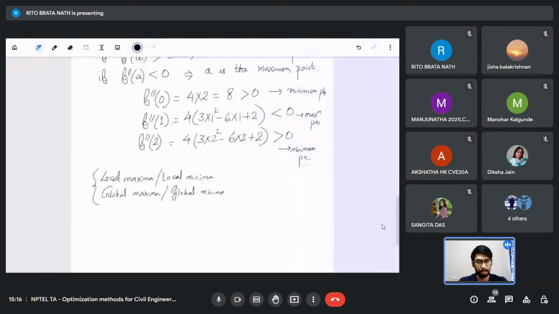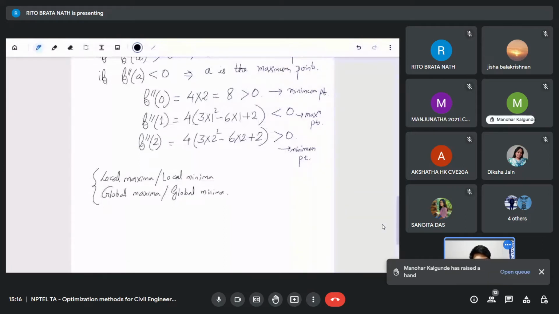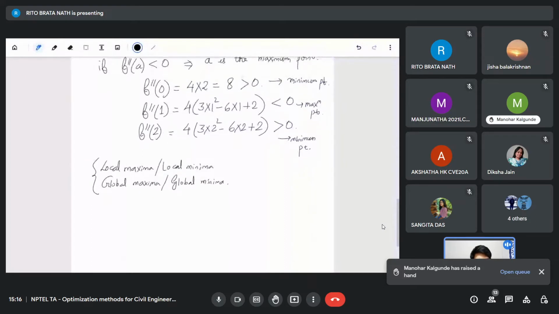Anyone can unmute or raise your hand. Manohar has raised his hand. Does anyone else want to go, since he has already spoken? If not, I'll ask him directly. Manohar, you can go ahead and tell what these two things are.